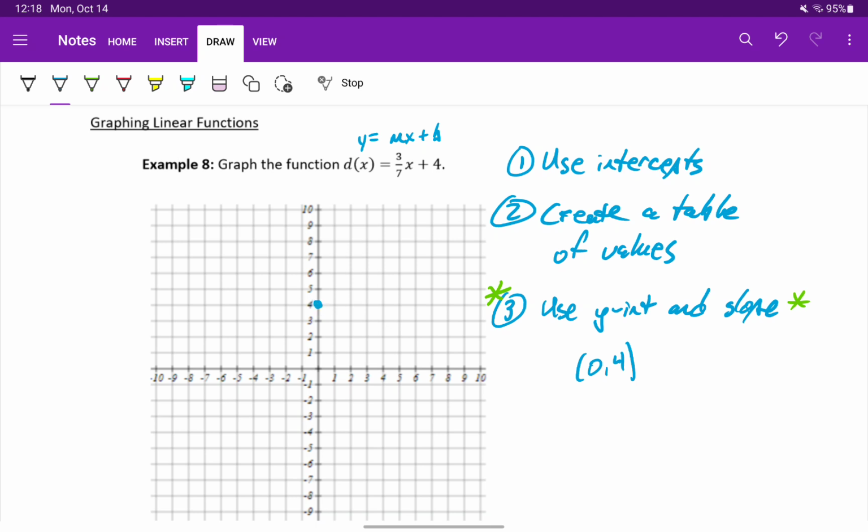But once we have that point, we can plot (0, 4), and then use our slope, which is rise over run, to move up 1, 2, 3 points, and then to the right 1, 2, 3, 4, 5, 6, 7 points, to get a second point for our line, which in this case is the point (7, 7).